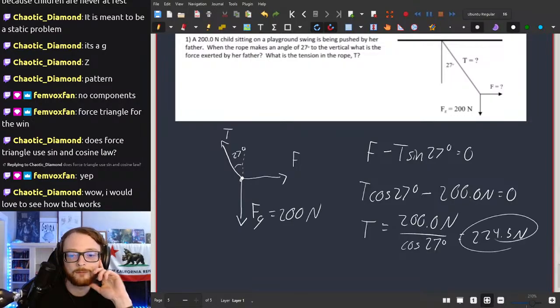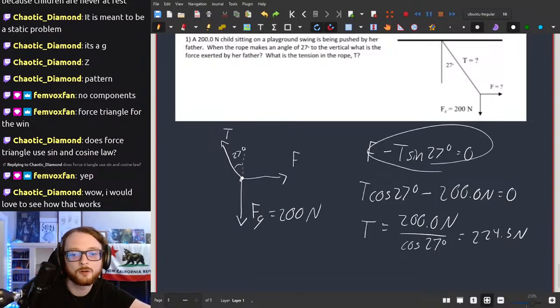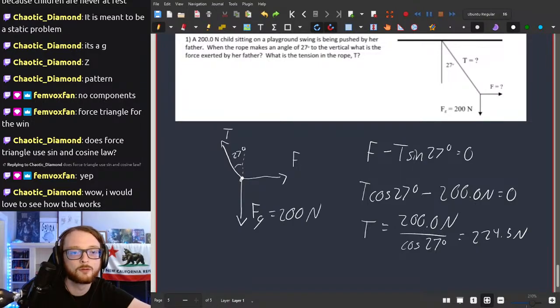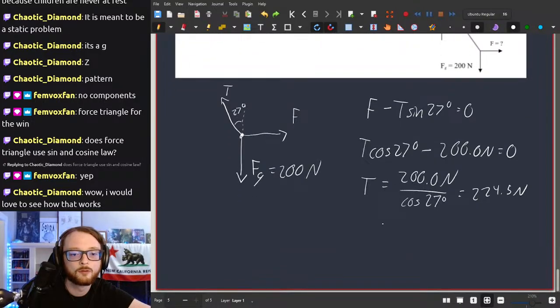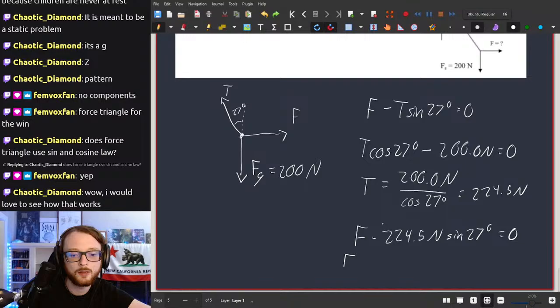And if we know that for the tension, then we plug it in up here to find F. So just add this bit to the other side and then plug it into a calculator.